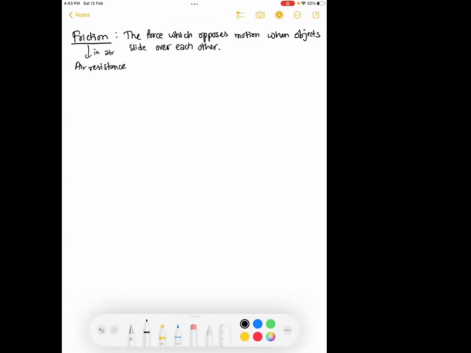Don't try to write the earlier definition; it is a wrong interpretation. Friction opposes the motion of an object.